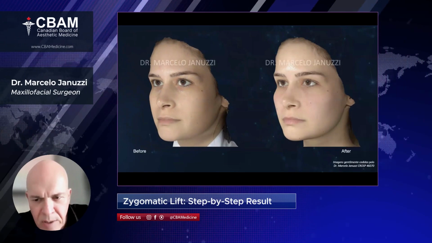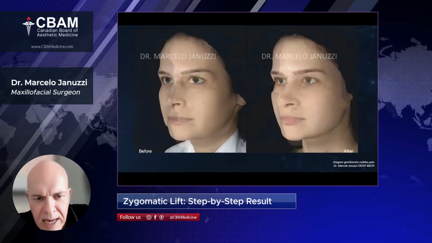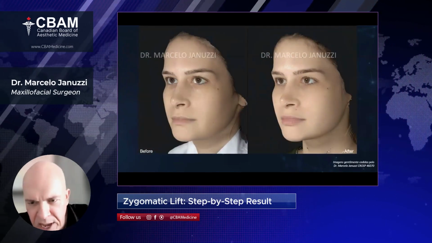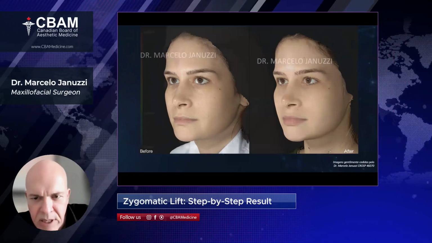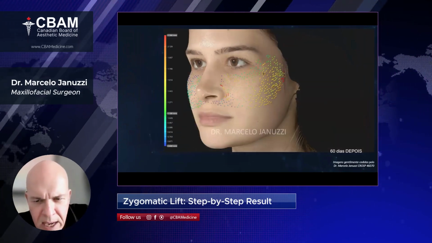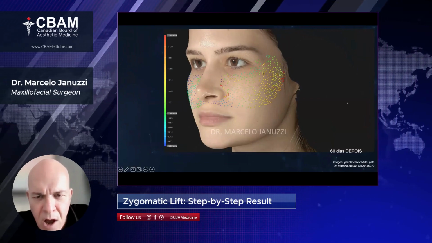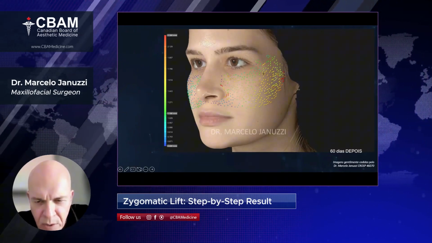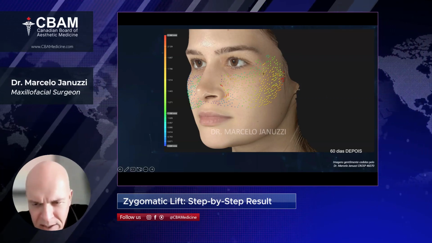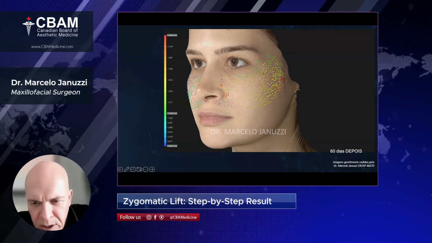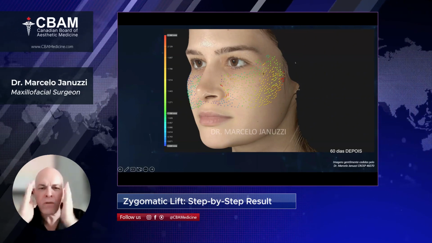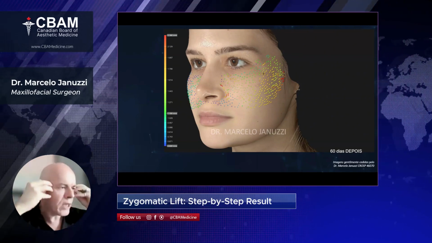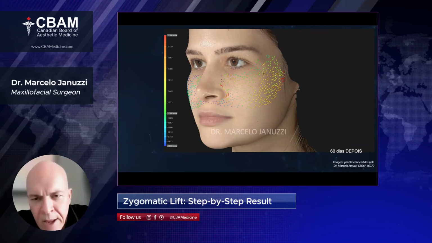And the same patient, we reanalyzed at 30 days, we maintain the results, we see the vectors of the lifting in the middle third. So it's amazing. We see here the arrows pointing to the temporal zone, like we stretched the tissue before injection.